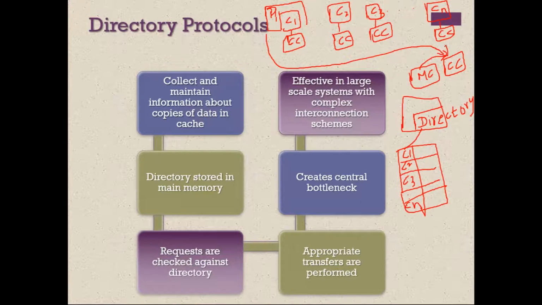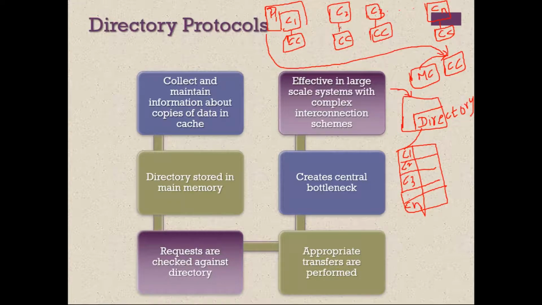The centralized controller will process the request and allow the processor to read from the main memory, provided the copy of data this processor is requesting is not in any of the caches. If it is asking for a fresh copy of data which is not in any cache, then it will allow the processor to access that data from the main memory.